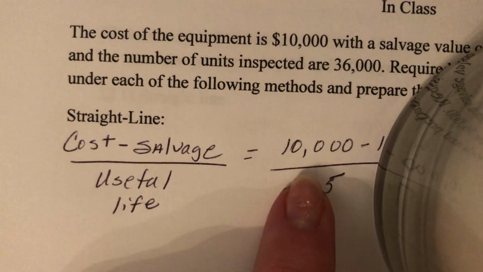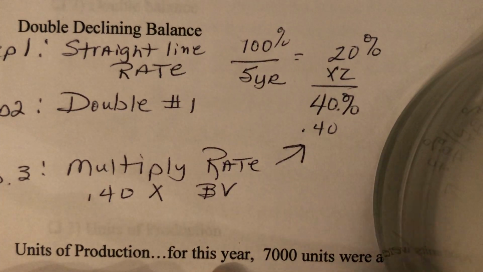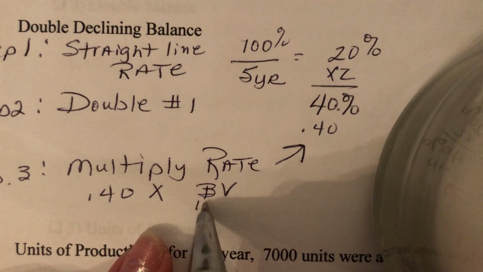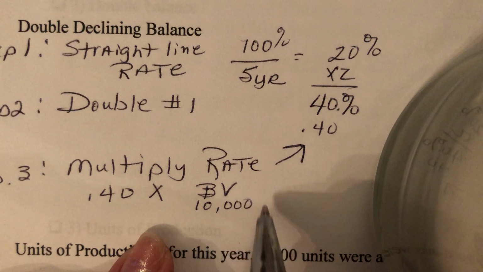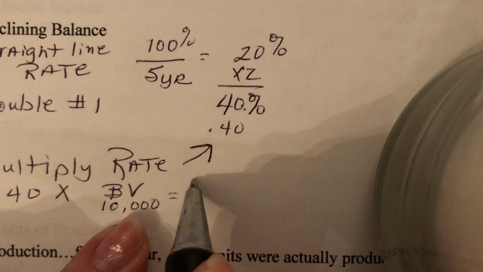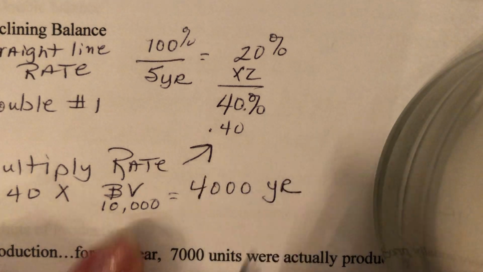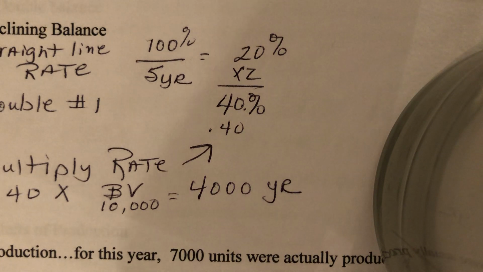In this case we want to start with the 10,000. That would be the first year. So what that would mean is in year 1, the depreciation amount will be 4,000.